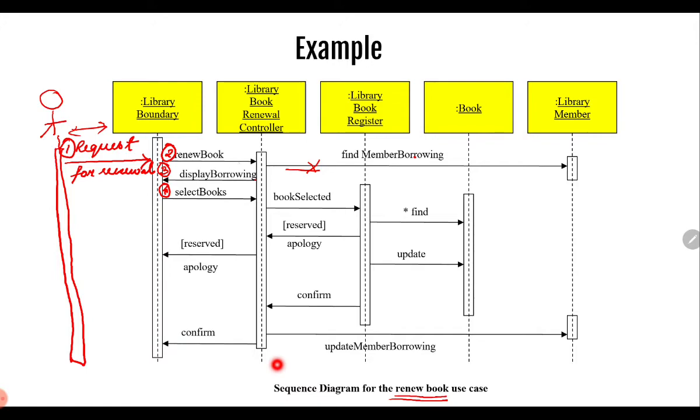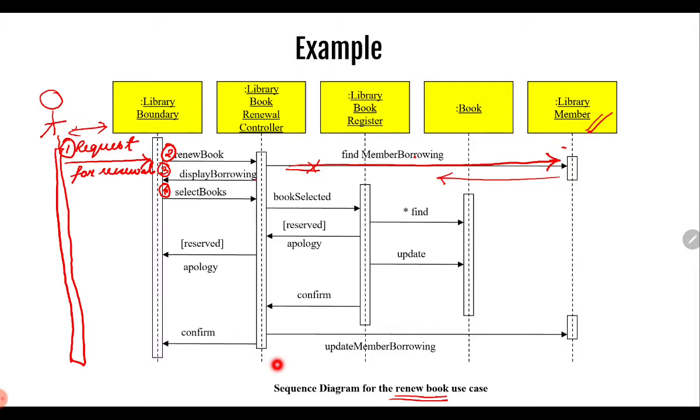However, if it has to check the library member database and this is handled by a separate object, then it needs to send this request across to the library member object. Once this library member object receives it, it will send a reply back. We have not included this in this example.